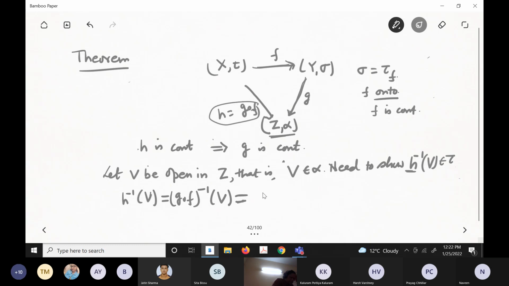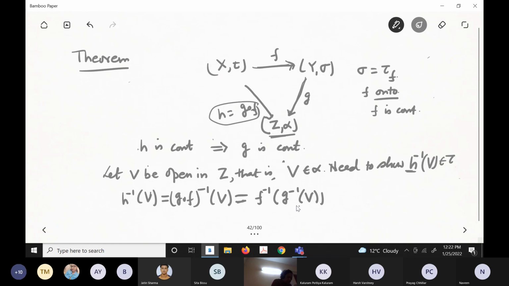It's the basic thing: this is F inverse of G inverse V. This is always true for any composition you have.